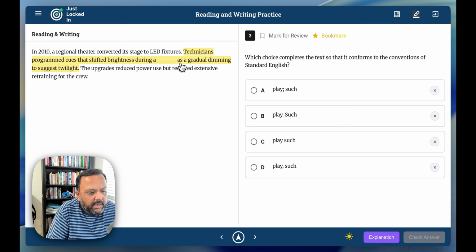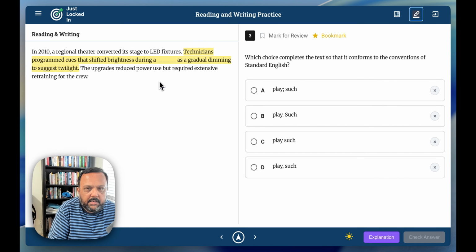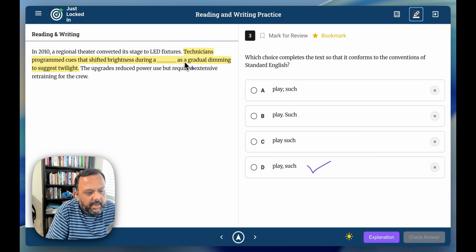Such as a gradual dimming to suggest twilight is an example of the programmed cues, or how it shifted brightness. So that is supplementary information. The real idea of the sentence is technicians programmed cues that shifted brightness during a play. That's the real substance of that sentence. So therefore we set it off with a comma, so D must be the right answer. So: shifted brightness during a play, comma, such as a gradual dimming to suggest twilight.